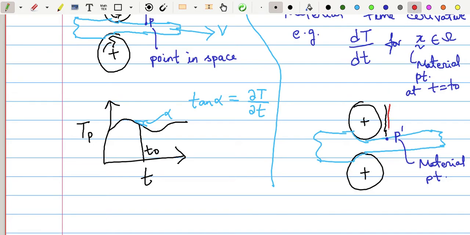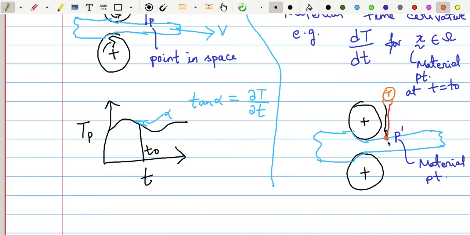Normally you have these two wires meeting over here and forming a junction. So I can use the thermocouple wire to measure the temperature T of this point.